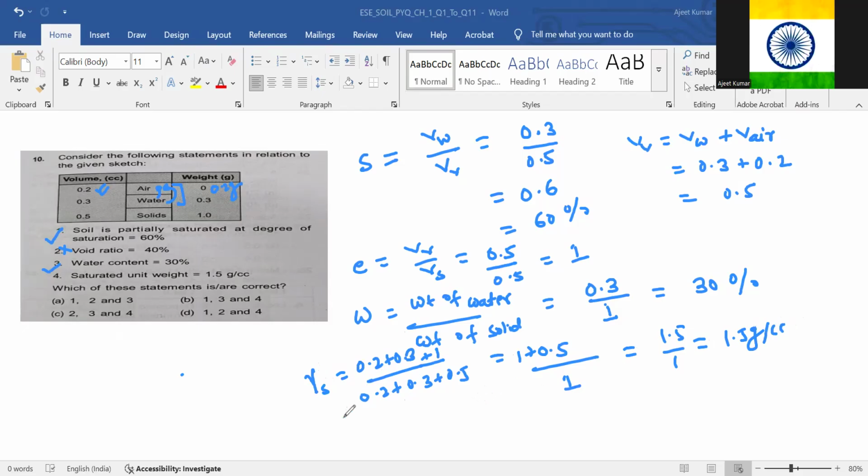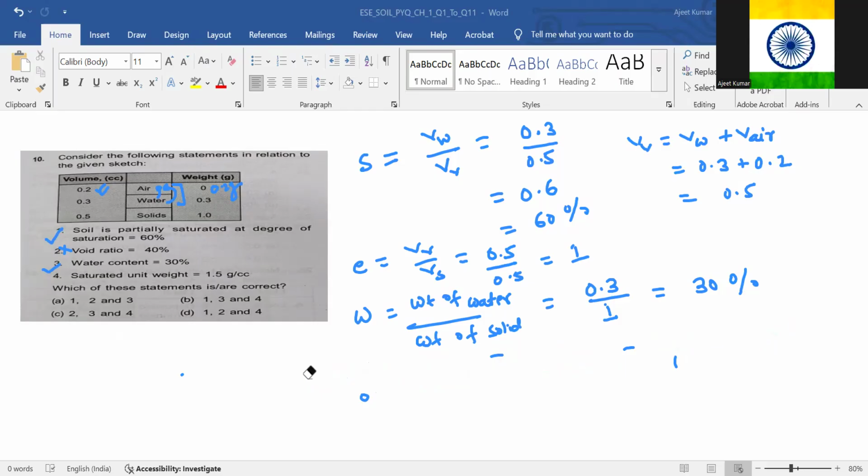What is gamma sat? I am repeating this again. Gamma sat is equal to total weight divided by total volume. So what is total weight?